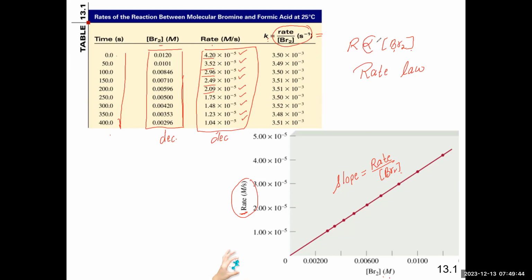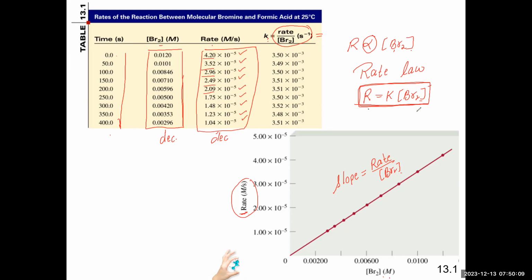It means you remove the proportional, the way we were doing in ideal gas laws. Rate equals K times concentration of Br2, right? Is it okay?